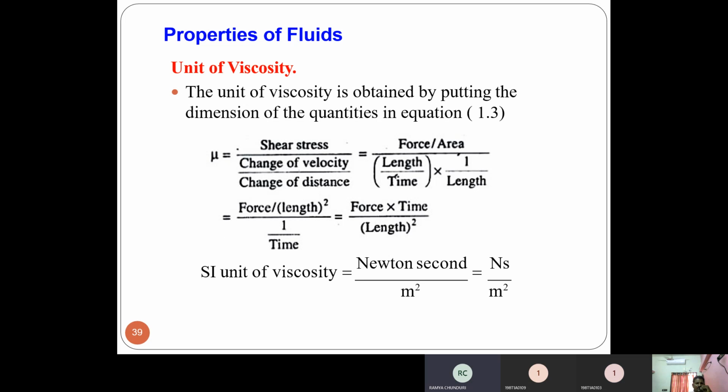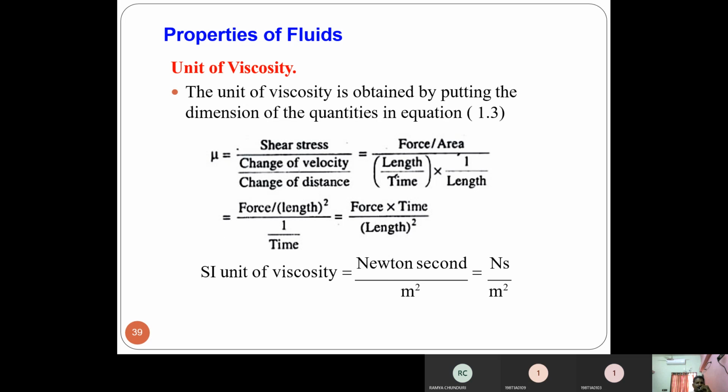Area is length square, so we have force by length square, divided by length by time. If you simplify it, we get force into time by length square. Force unit is Newton, time unit is second, length unit is meter. So we can write Newton second per meter square. This is the unit for dynamic viscosity in the SI system.